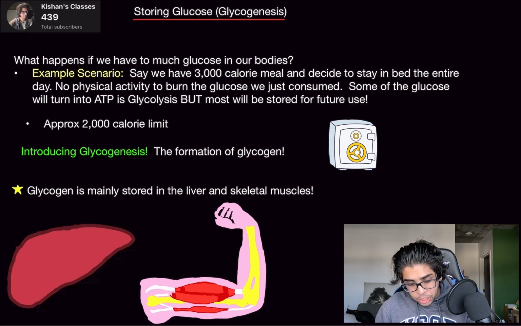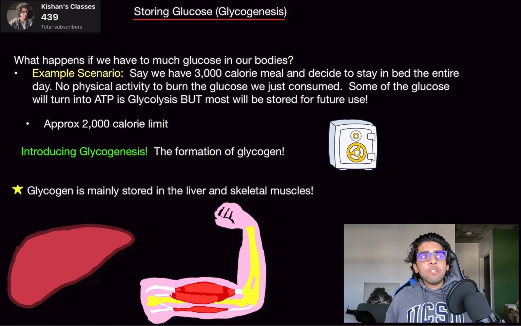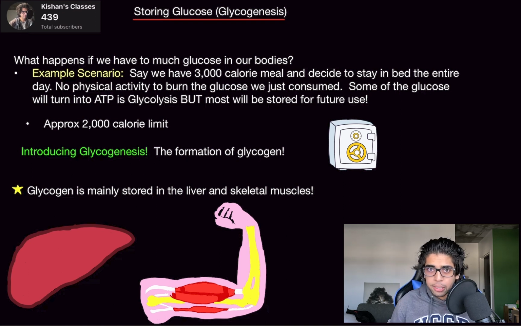So glycogen is stored mainly in two places, the liver and skeletal muscle. There's differences. There's no way to actually tell where it's going to be stored. It's just random. However, they do two different things. If glycogen is stored in the liver, it can be transported to different areas of the body wherever it is needed.